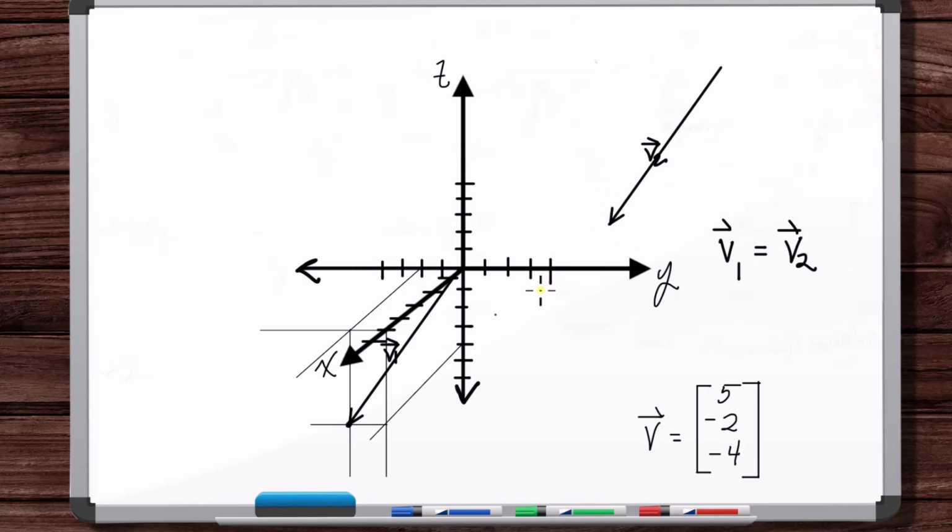Because as long as the magnitude and the direction of the vector are the same, then it's the same vector. It doesn't matter where they're located, and that's definitely true. These are the exact same vector. The magnitude and the direction did not change. You could put a vector wherever you want, just like you could put a scalar quantity wherever you want. And so in that sense, you can construct a vector relative to any coordinate system by just picking a starting point. We could have picked this starting point out here.